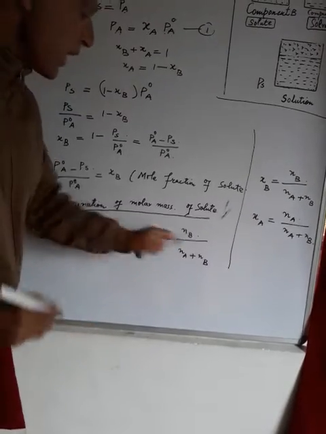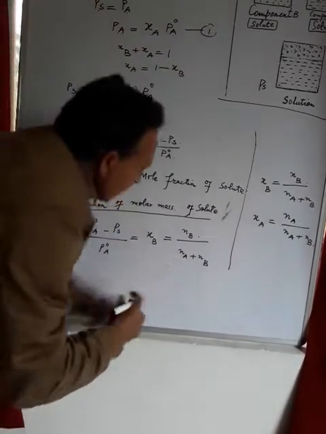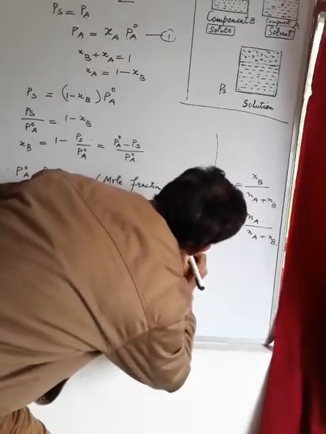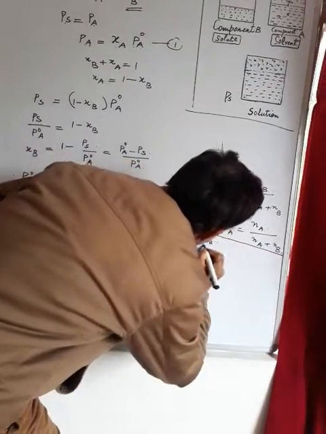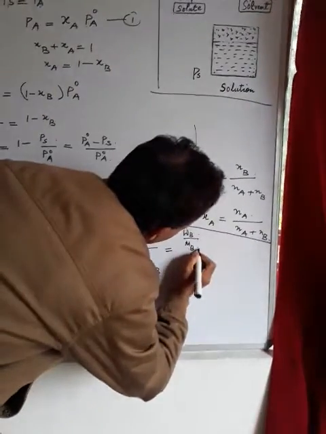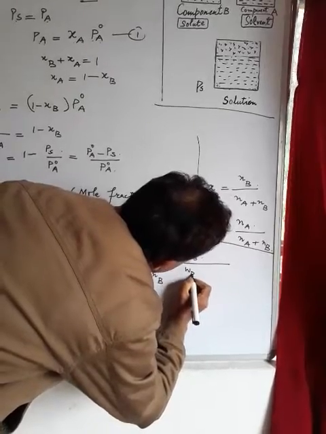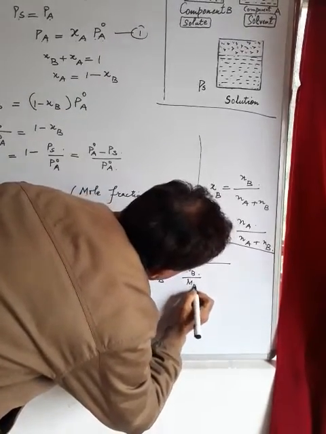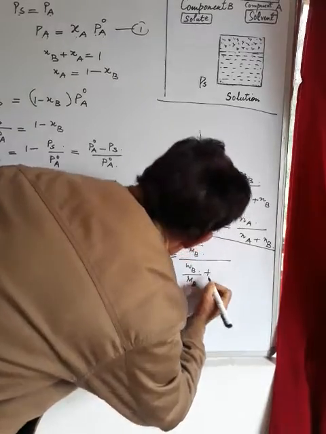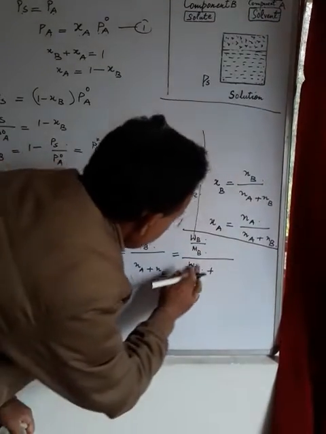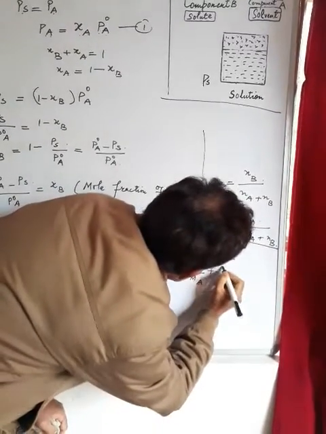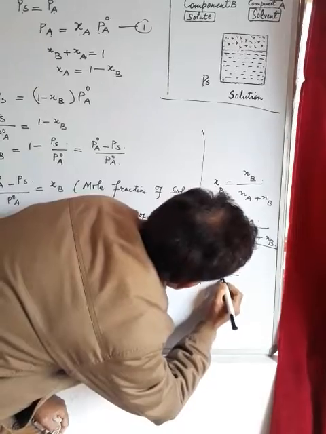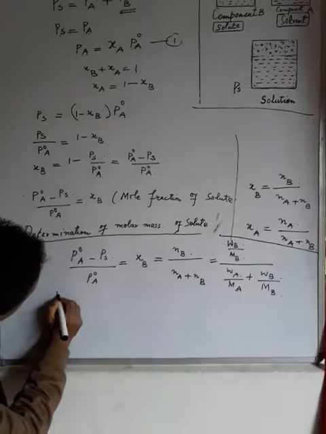Now, NA is also equal to WA by MA, and NB is WB by MB, so we get WB by MB divided by WA by MA plus WB by MB. Now what is WB?